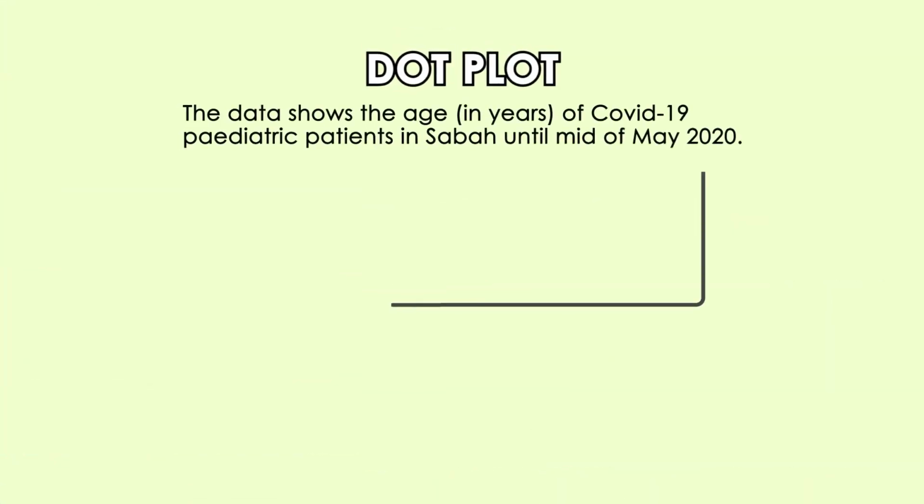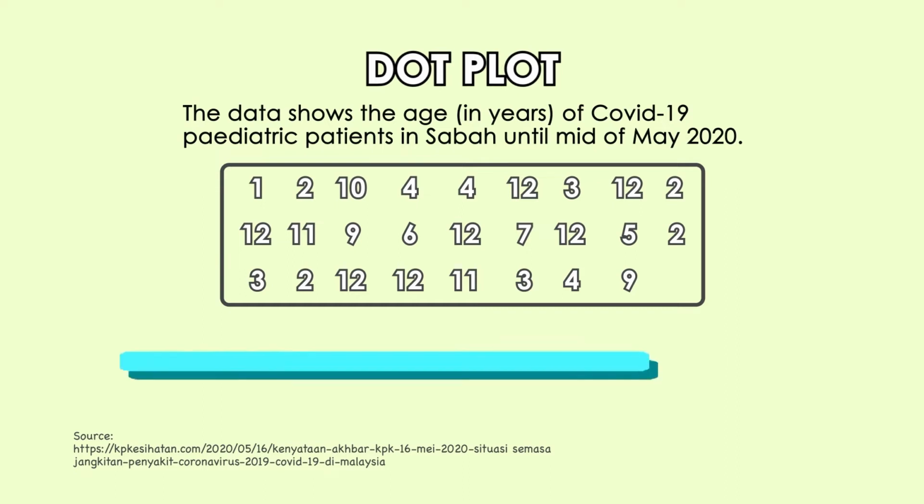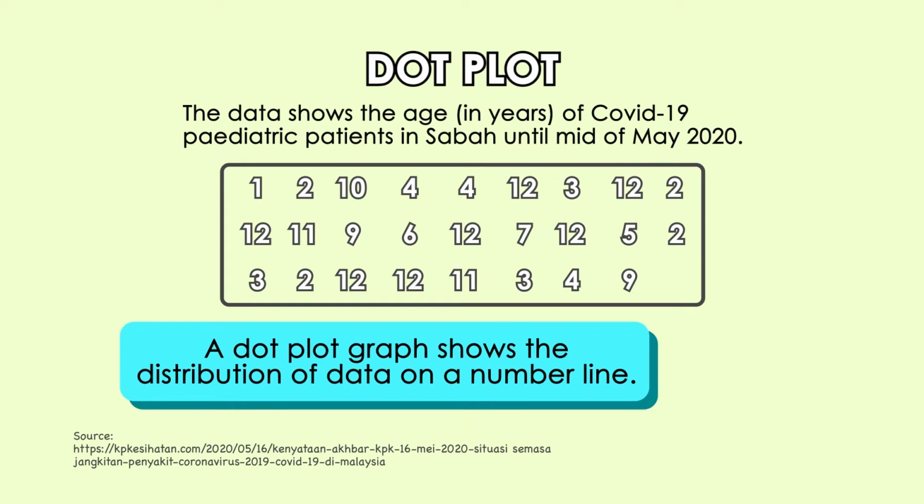Here, the data shows the age in years of COVID-19 pediatric patients in Sabah until the middle of May 2020. There are a total of 26 cases reported in Sabah. We can construct a dot plot from this simple data set.